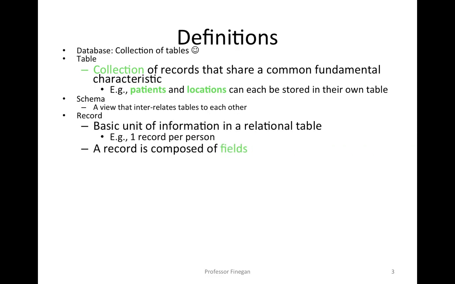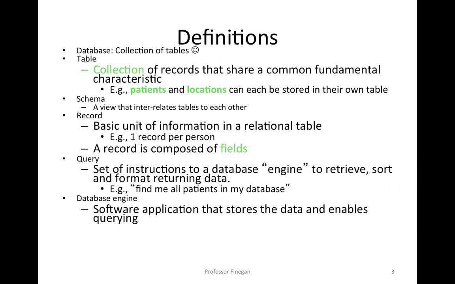Records are basic units of information in relational tables, and a record is composed of fields. Queries are a set of instructions to a database engine to retrieve, sort, and format. The database engine is a software application that stores the database and enables querying.